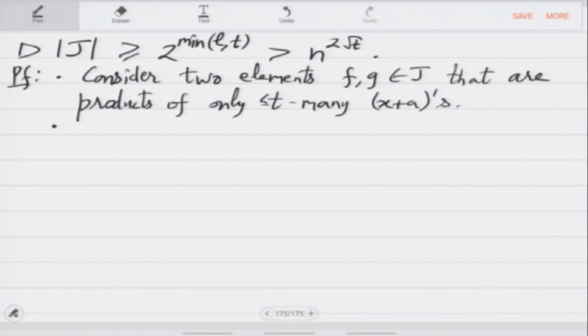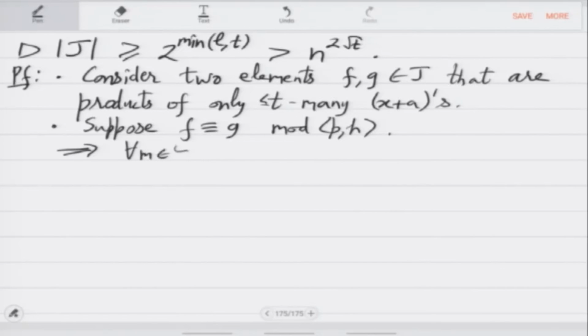Suppose not. Suppose f and g are not different in the field. Then by the step 4 test, f(x^m) is g(x^m).